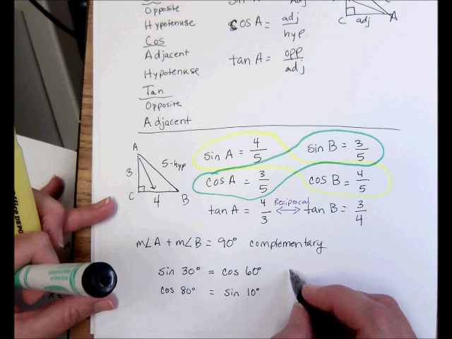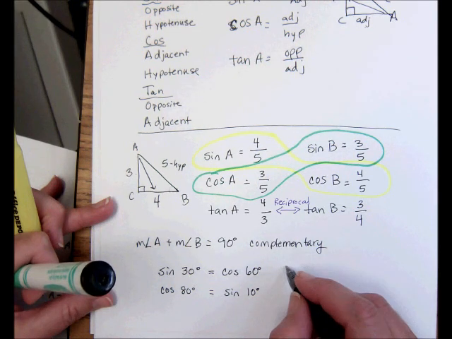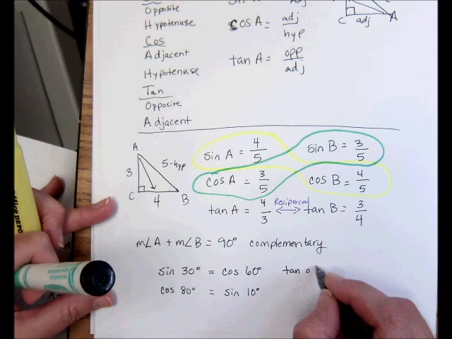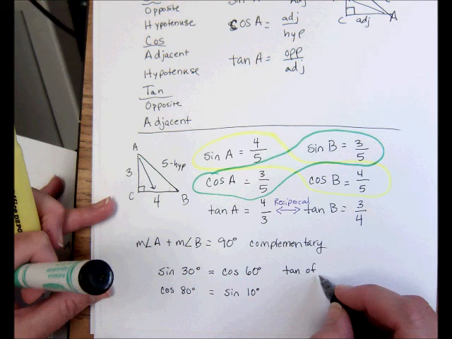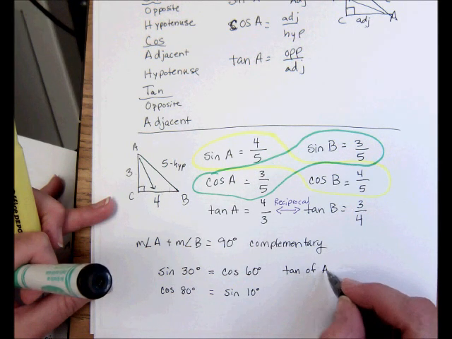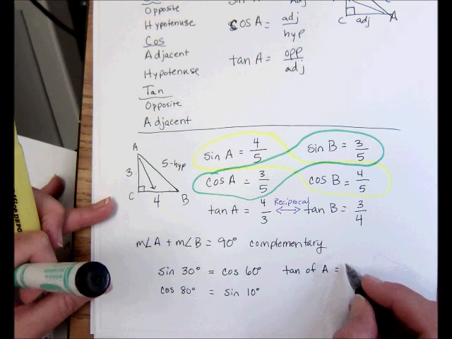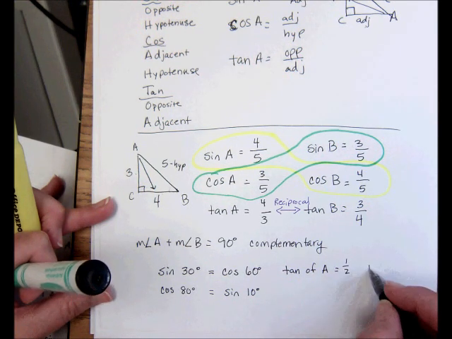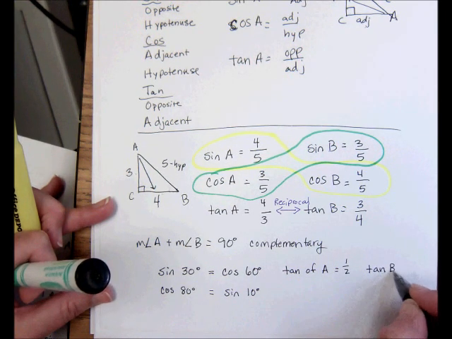Going a step further, if I know the tangent of an angle A is going to be 1/2, I know that the tangent of the complement, which would be B, would be 2 over 1.